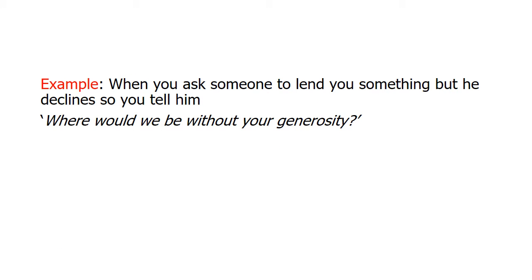For example, when you ask someone to lend you something but he declines, so you tell him, where would we be without your generosity? Of course, that statement is sarcastic. The person doesn't really mean that the other person is generous, but he is being sarcastic.